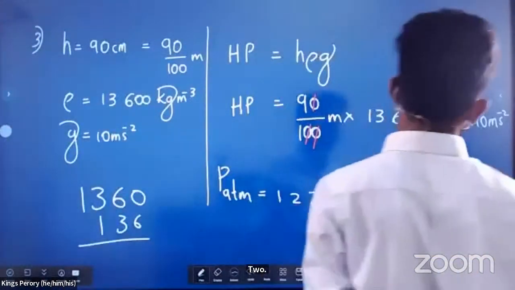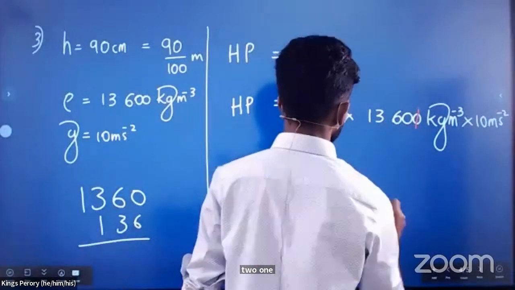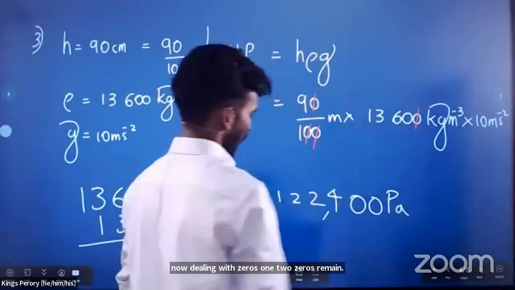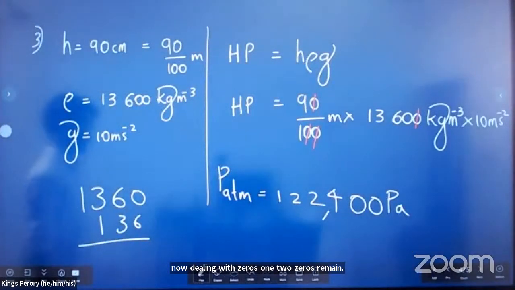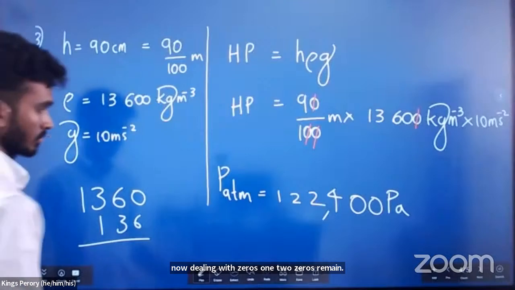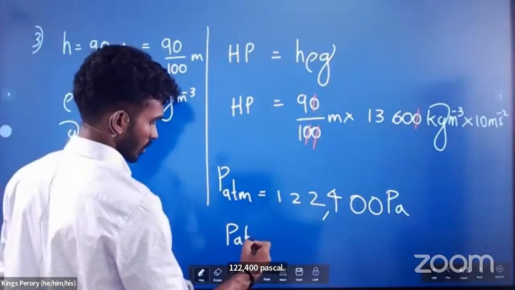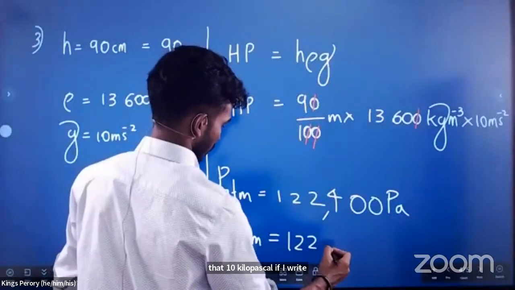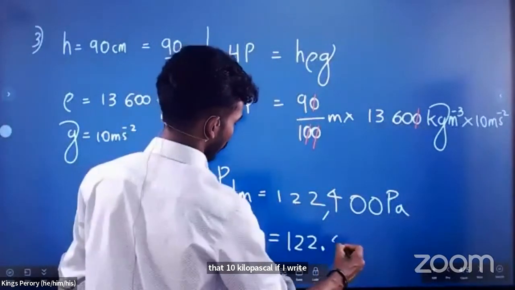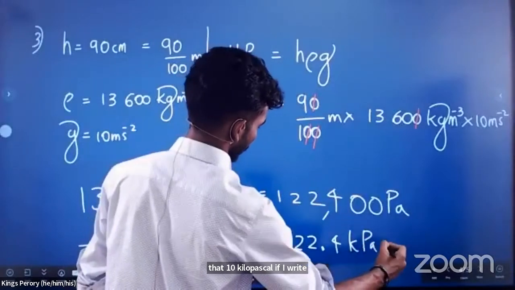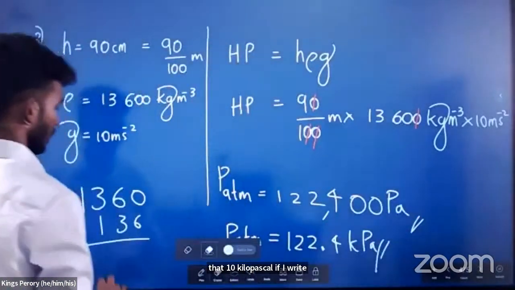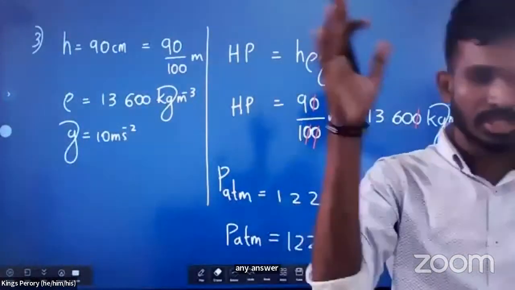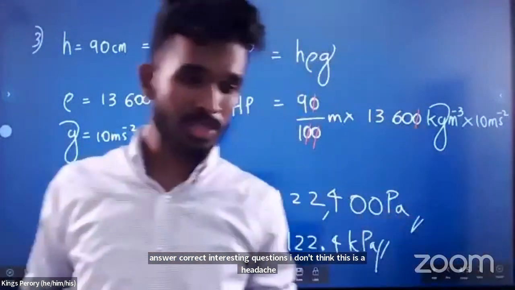Now dealing with zeros, 2 zeros remain. 122,400 Pascal. That in kilopascal, if I write, 122.4 kilopascal. Any answer correct? Interesting questions, and don't think this is a headache. Headache questions are there, but this is not a headache question at all.